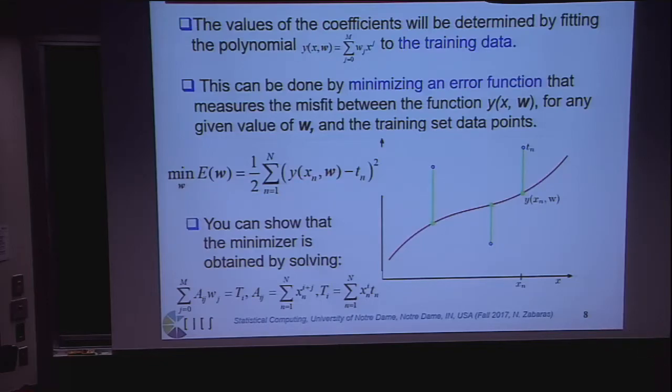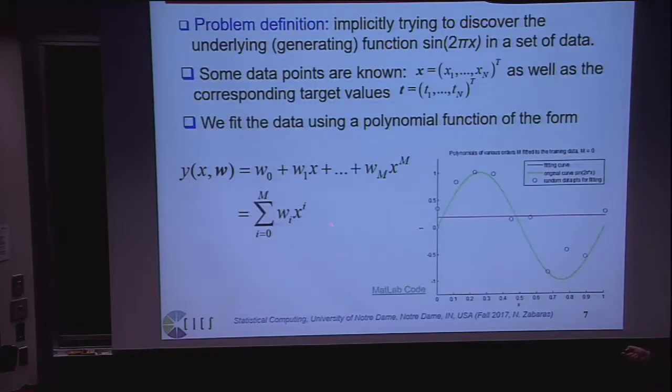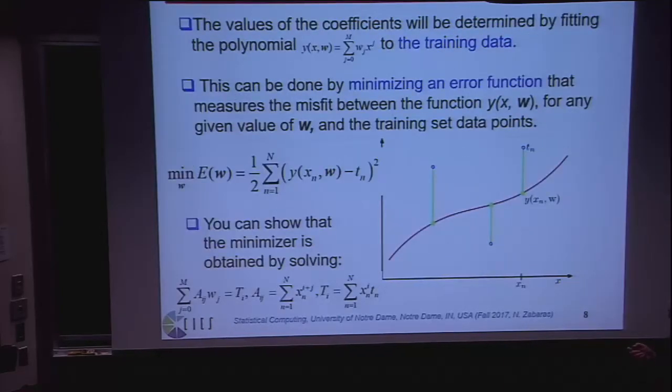Okay, so if you plug in the previous expression, if you write this in a vector form and you do your minimization with respect to w, you basically get a system of equations, A w equals t.